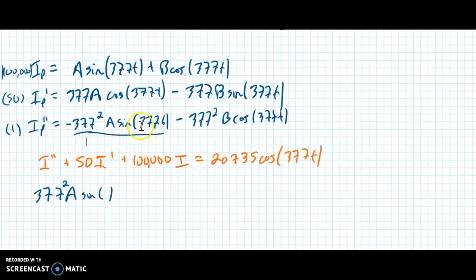I'm just going to write sine of and cosine of just to make it easier to fit everything here. Minus 377 squared B cosine of, that's the second line, plus, now this is the 50 times line. So if you type in 50 times 377 in a calculator, you get 18,850.